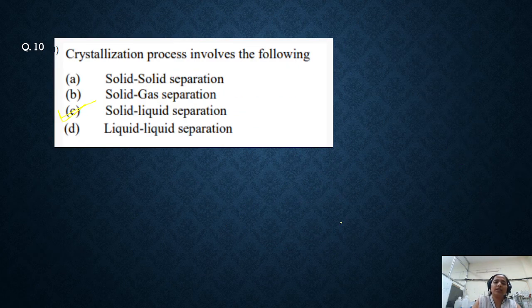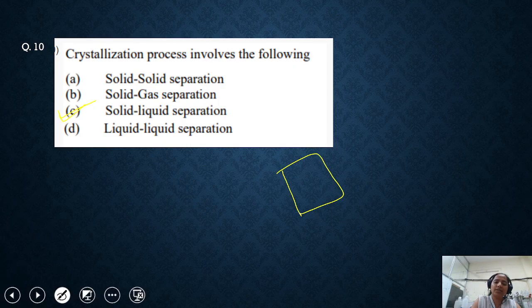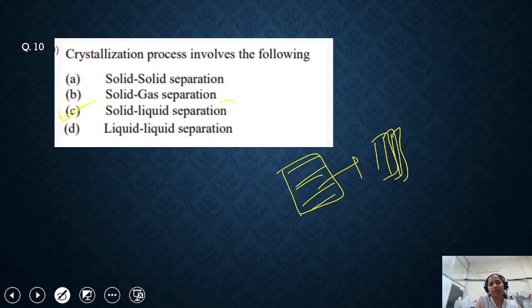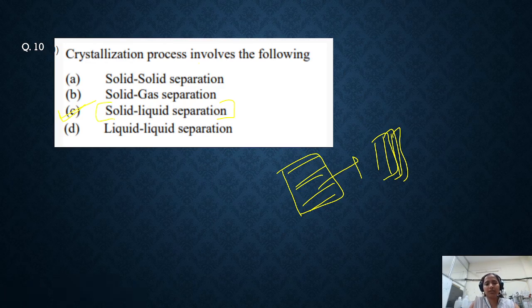You can understand it this way: if you have a mixture in which crystals are forming, this is mainly used for the separation of a solid and liquid mixture, not for solid-gas separation.